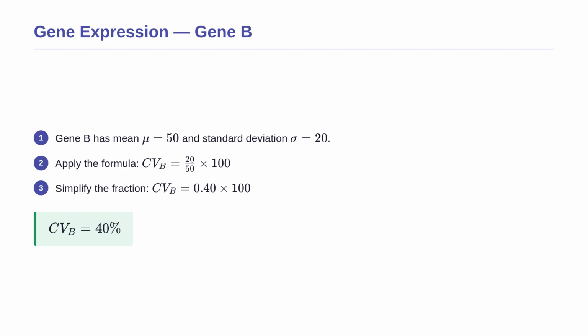Multiplying by 100 yields a coefficient of variance of 40%. Comparing the two, even though gene A had a much larger absolute standard deviation, gene B is actually far more variable relative to its baseline. Its activity is much more erratic and fluctuating.